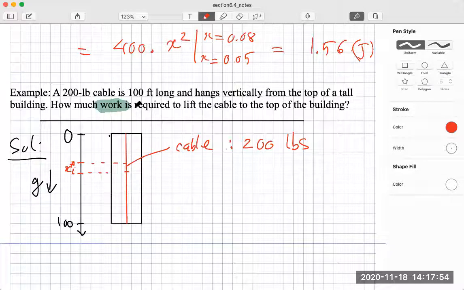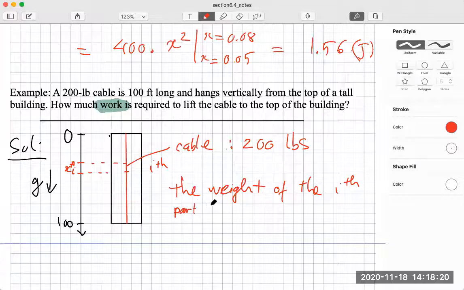So the weight at each position, we average it.